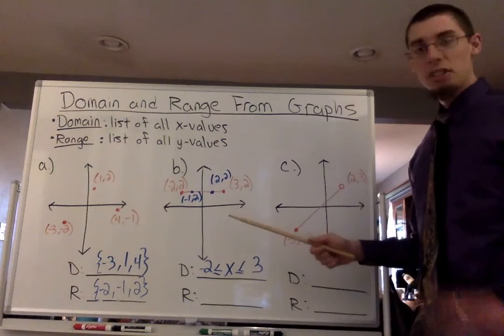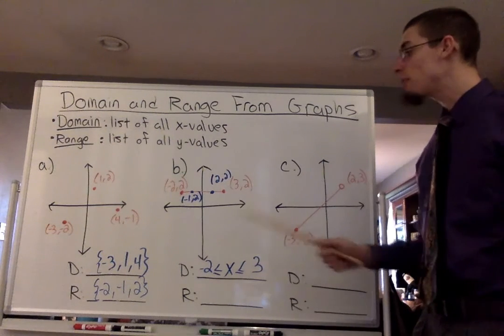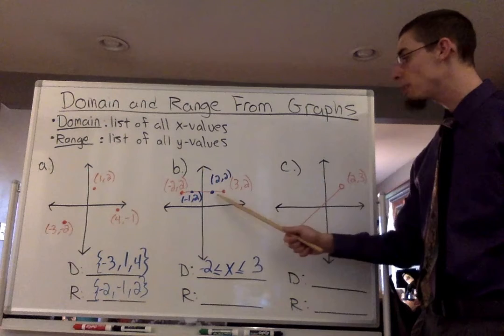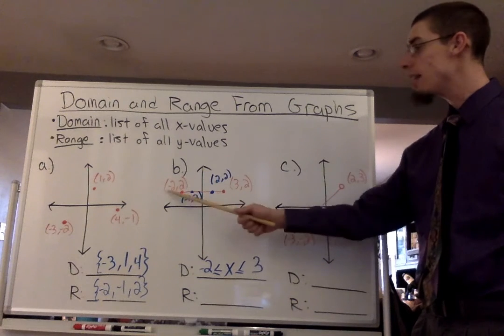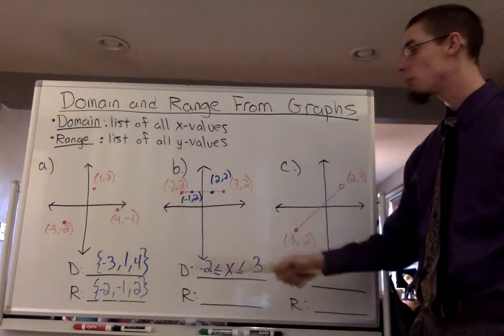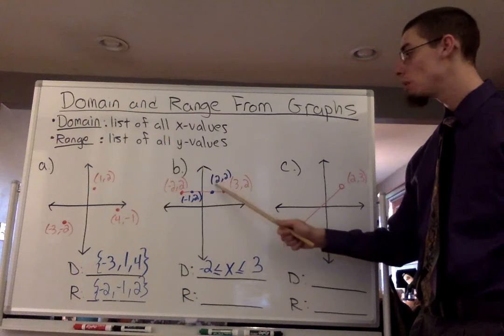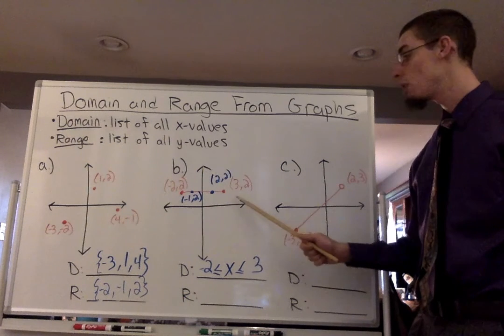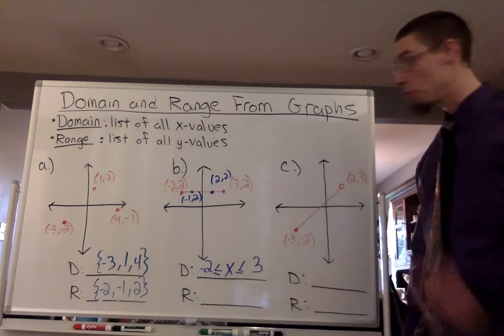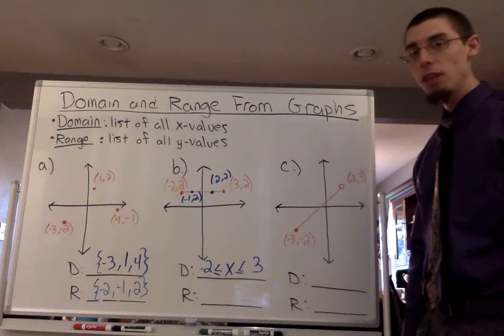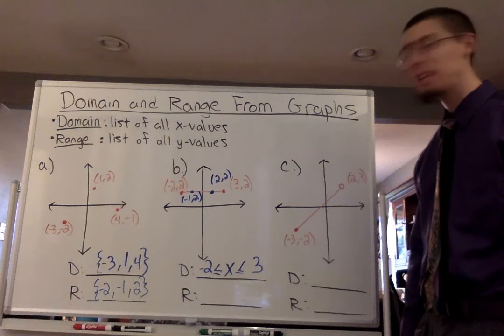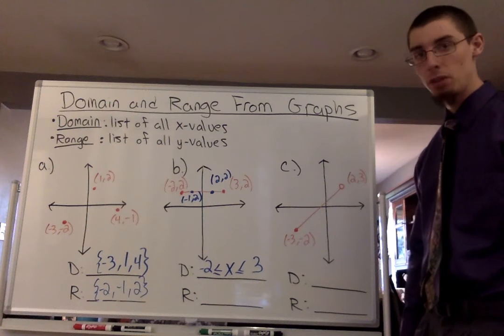Now this one's interesting with the range, because if you look at all 4 of the points that I've put on here, negative 2, 2, negative 1, 2, 2, 2, 3, 2. Every single point has the same y value.